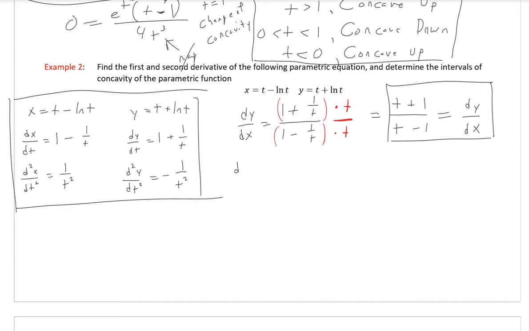Second derivative. Okay, second derivative. Again, I'm going to use the alternate formula. So the alternate formula is low d high minus high d low.